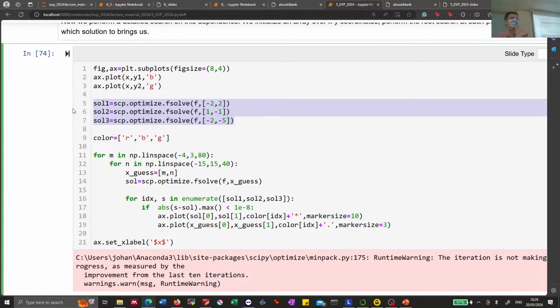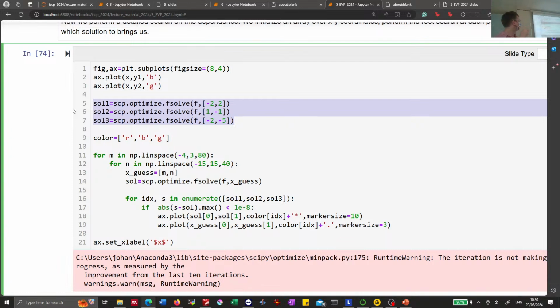So far, so good. Remember, I have two different functions, so they can have two different coordinates in my coordinate space, so I can display this in 2 dimensions as m and n here. This is my guess, and I take the guess as starting point for my function f, which is my system of nonlinear equations.